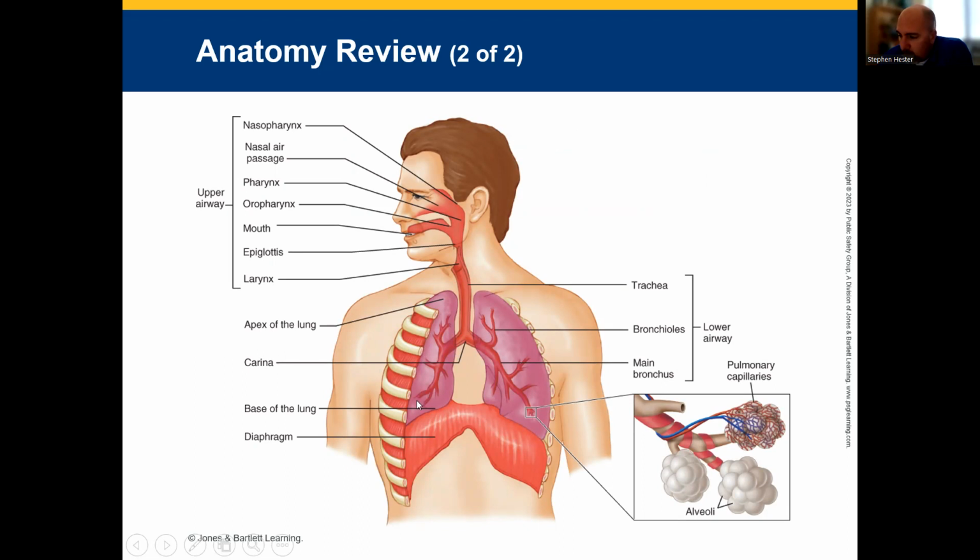Okay, you've got all your ribs here, and your diaphragm muscles in between. So then that breaks down into your pulmonary capillaries where that exchange of CO2 and O2 takes place around your alveoli. And one of our main jobs is to keep those alveoli open and keep them available so that they can be used to help with that exchange.